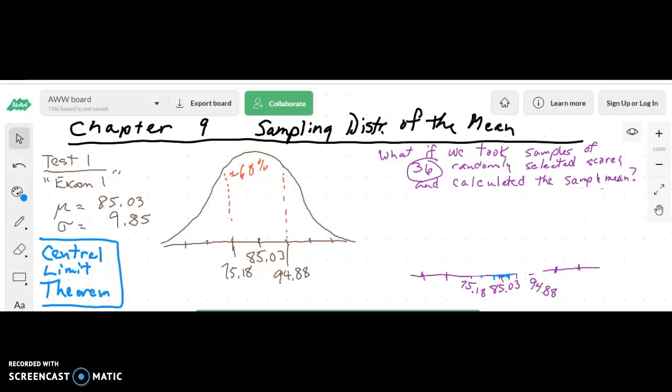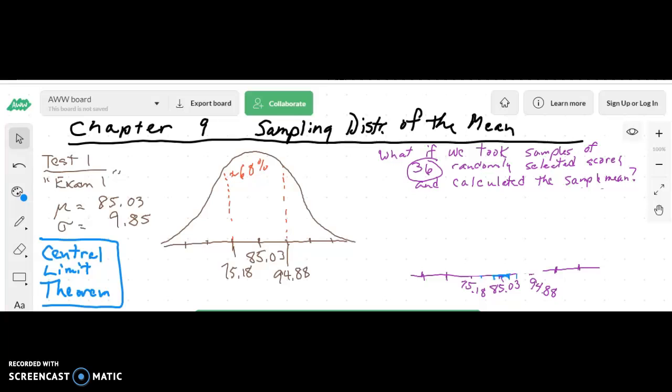In previous chapters, we studied the mean, the standard deviation, the normal distribution and what that curve looks like, and how probability is a concept that's attached to the normal distribution. For example, I'm going to take the example from test 1 in this course.